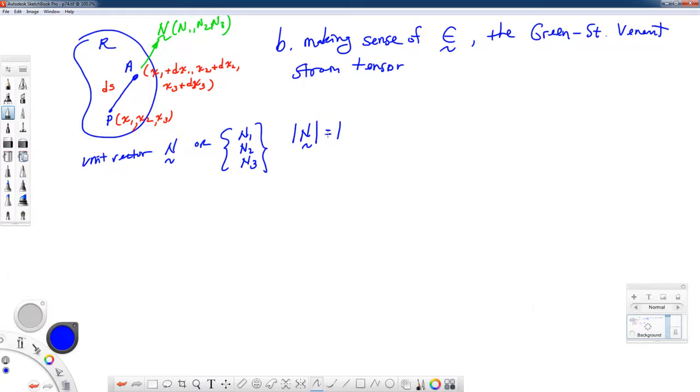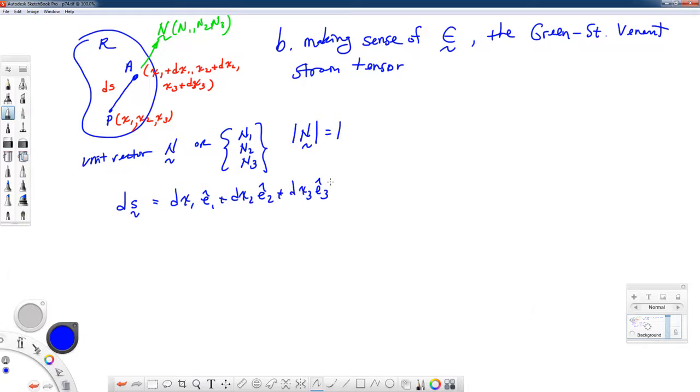Let's write this in terms of what we have already on this page in these red symbols. The vector in between A and P we call ds with a little line under it, and we said we could write that as dx1 e hat 1, dx2 e hat 2, and dx3 e hat 3.